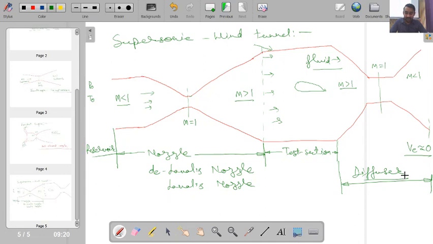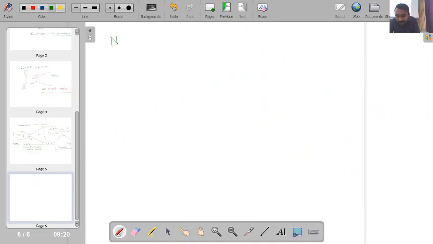Now let's try to see specifically our nozzles in more detail. Okay, so let's try to understand different aspects of the nozzle in more detail. Typically in the case of a nozzle, as I also told you earlier, due to the changes in area, flow will be either two-dimensional or three-dimensional.